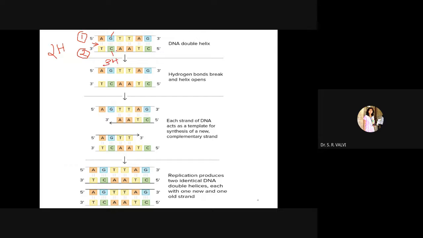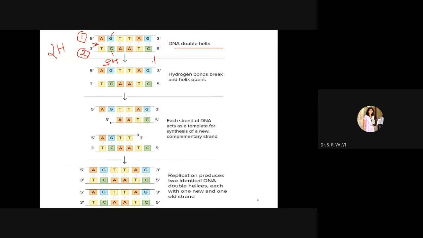Likewise, you are observing AGTTAG, and all these bases pair with opposite bases with their respective hydrogen bonds. So this is the DNA double helix.